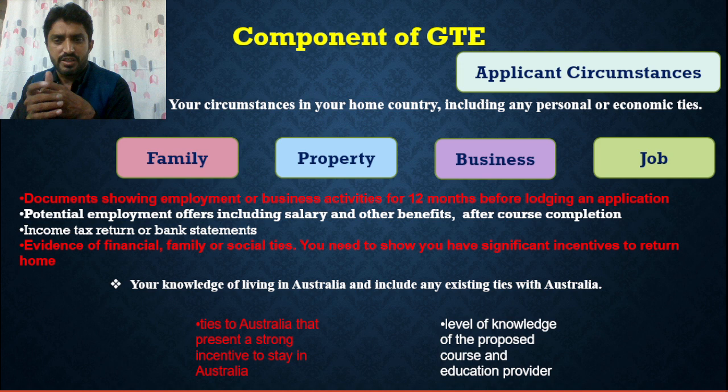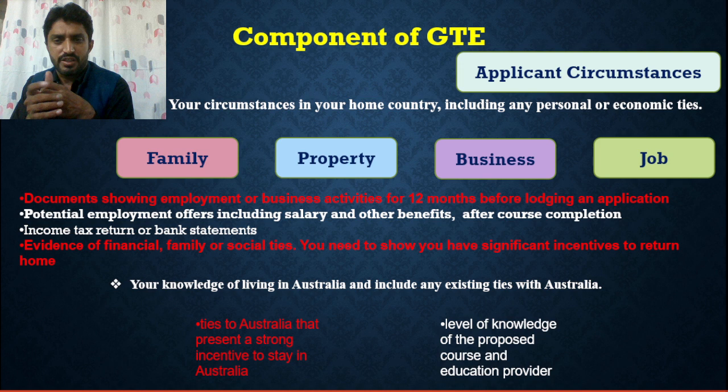The third component of GTE is benefit of course. Here you can answer this section in the following ways. The employment opportunity you should or could expect to receive following completion of this course, including detail of the type of position you would be eligible for and prospective companies within your home country or in a third country.